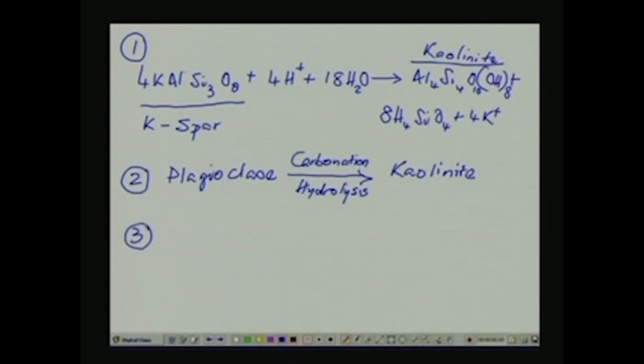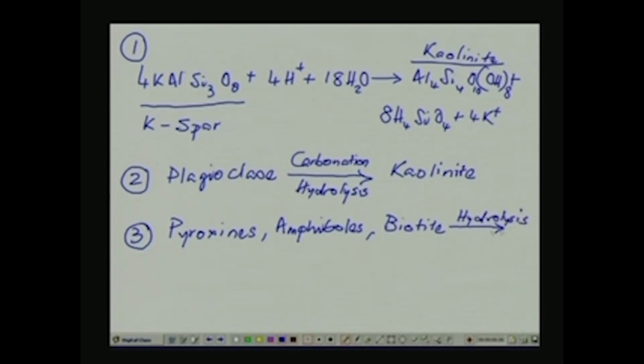In addition to it, pyroxene mineral, amphiboles and biotite, upon hydrolysis end up in formation of a mineral called chlorite, and then that chlorite mineral upon chemical weathering leads to the formation of kaolinite.